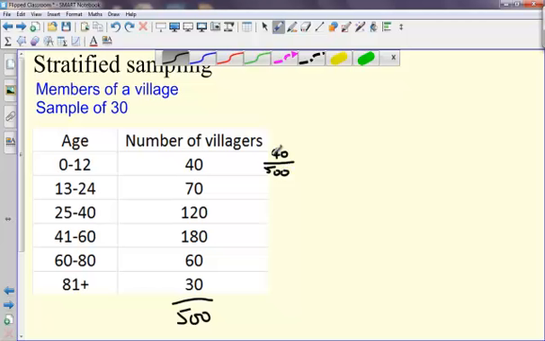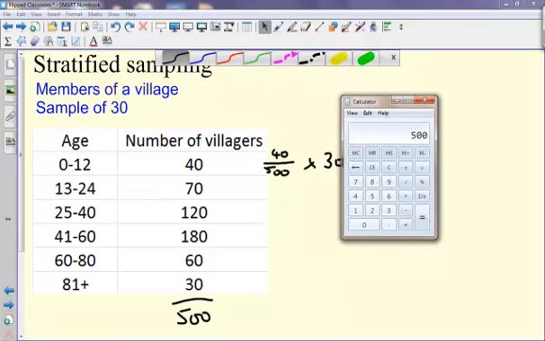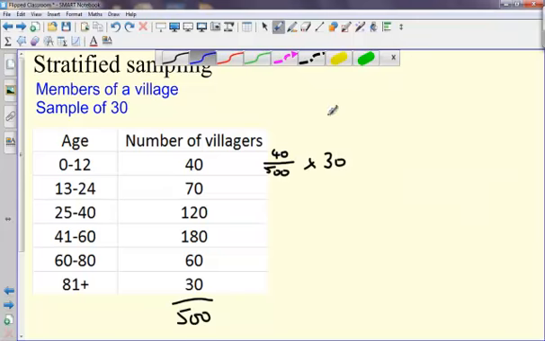So I'm finding the proportion of people that are in this group, 0 to 12. That's 40 500ths. And I times that by the sample size I want. So 40 divided by 500 times my sample size of 30 tells me I need 2.4 people.